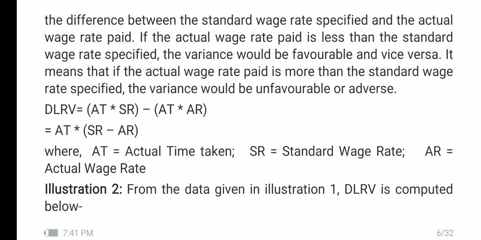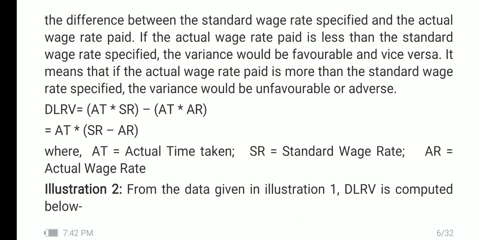DLRV is equal to AT into SR minus AT into AR, that is equal to AT into (SR minus AR). Here, as already said earlier, AT stands for actual time taken, SR stands for standard wage rate, AR stands for actual wage rate.